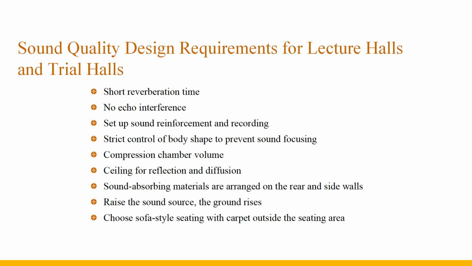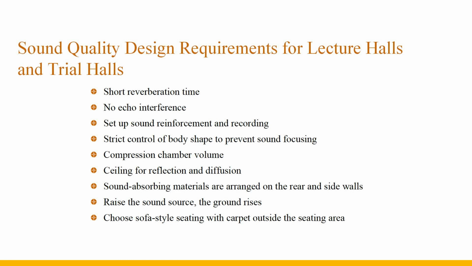Due to the high floor height, there is a big concentration with a volume of 2.3 to 4.3 cubic meters per seat, according to the sound quality requirements, and the number of audience seats varies greatly, resulting in unstable audience sound absorption. Therefore, the body shape should be carefully controlled to prevent reflected sound from the rear wall or sound focusing caused by the curved wall.